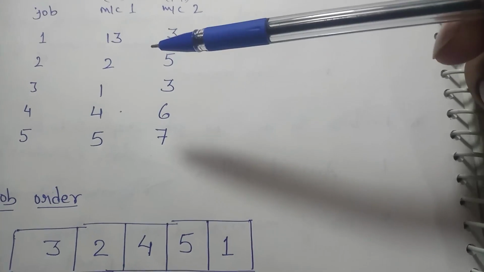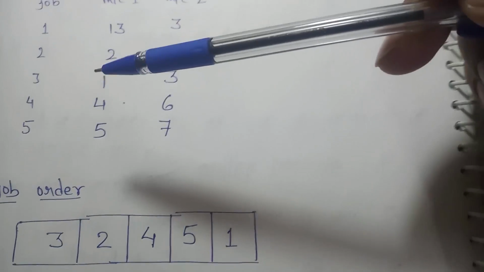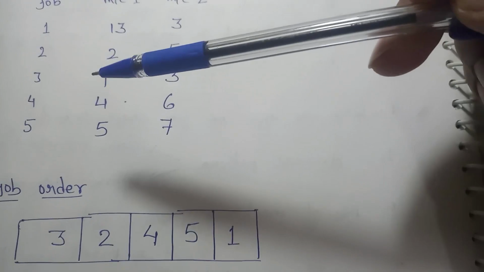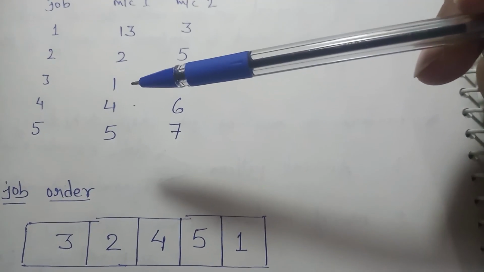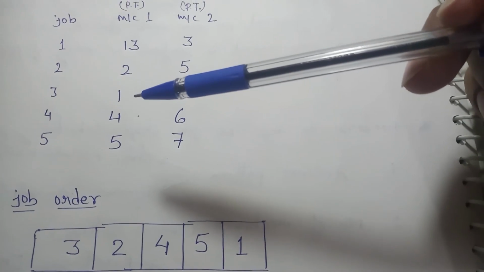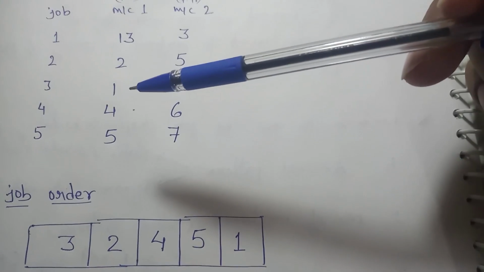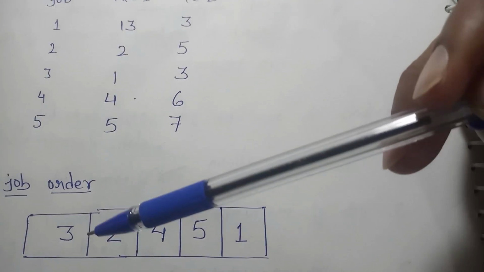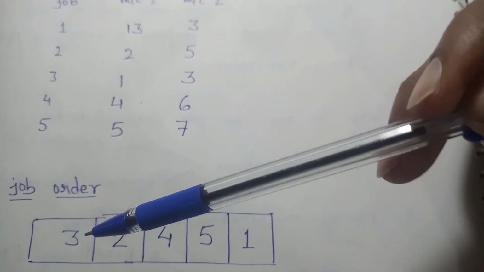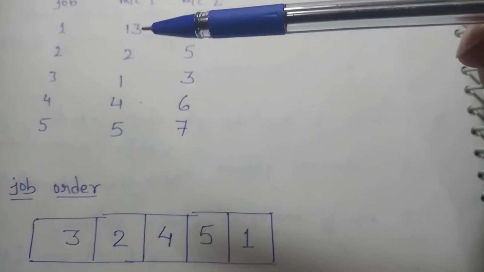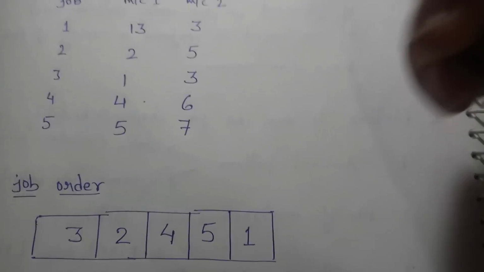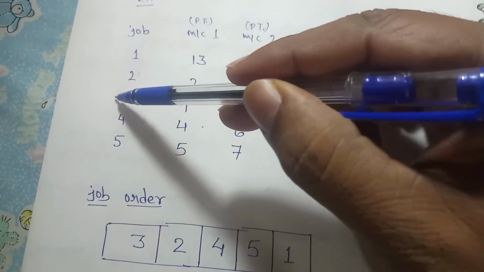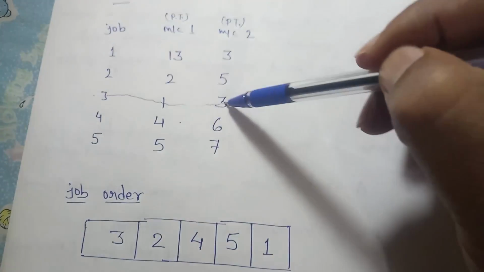Now we can see that in machine 1, job 3 has the minimum time, that is, the minimum unit 1. So from the left side we give it job 3, job 3 first. Simultaneously we erase it because this job has been processed.